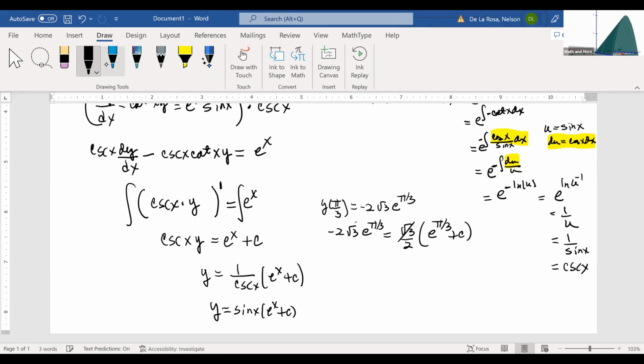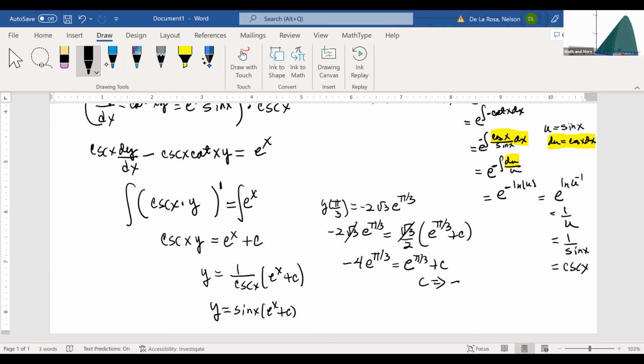The square root of 3 cancels. So we multiply everything by 2. We have negative 4 e to pi over 3 equals e to pi over 3 plus c.